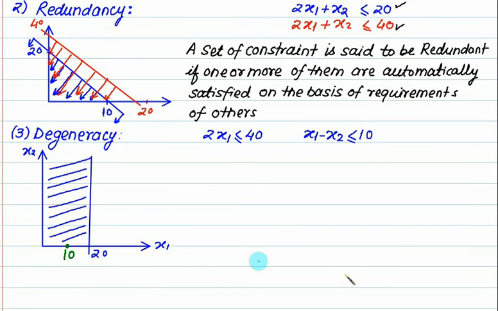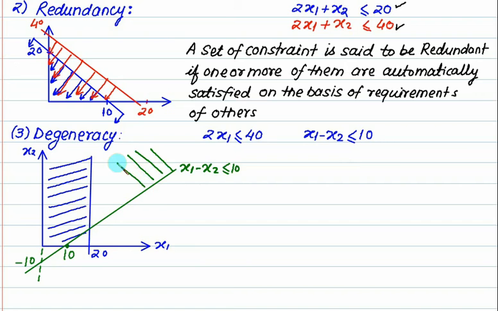So -10 will be on this side. If I draw the line like this, this line represents x1 - x2, and if I want to say less than or equal to 10, then is this region universally true? This side is the lower side and this is the higher side. This side is greater than, this side is less than.